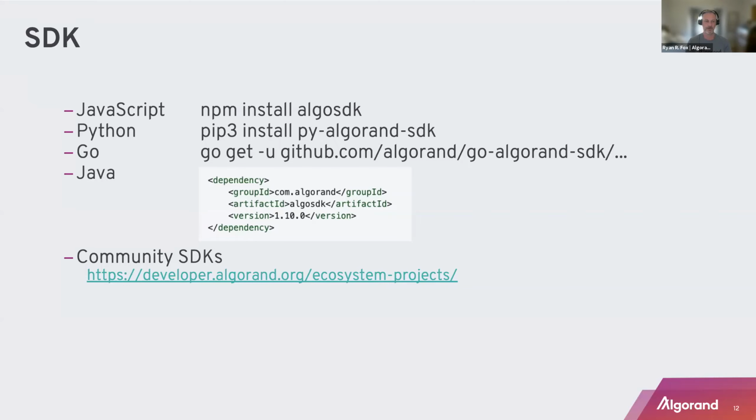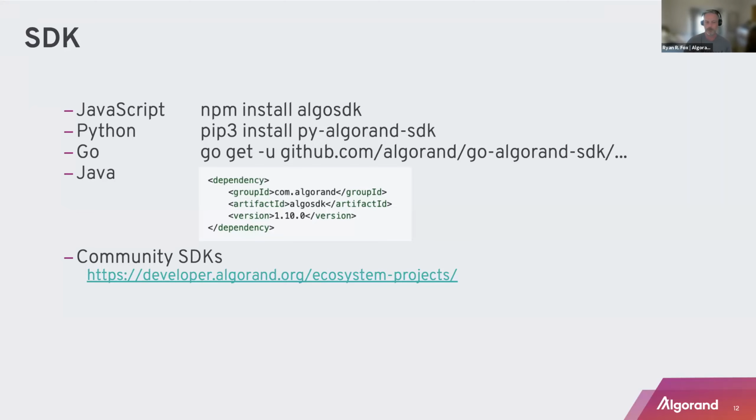For Python, you can do a pip install. And for Go, you just use the go get command. For Java, we recommend using it as a Gradle package, and you put the dependency into your configuration file, and then it has the ability to now have the SDK of your choice installed locally on your development environment.